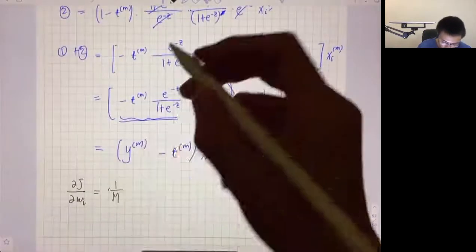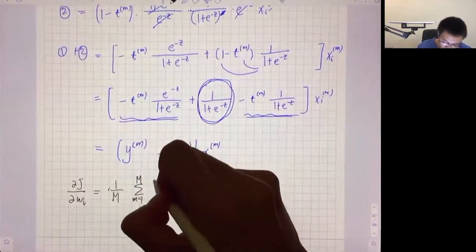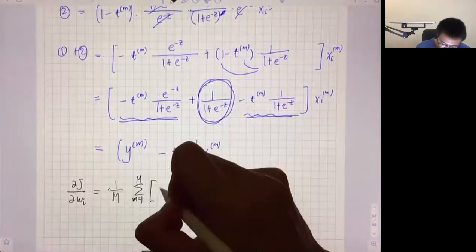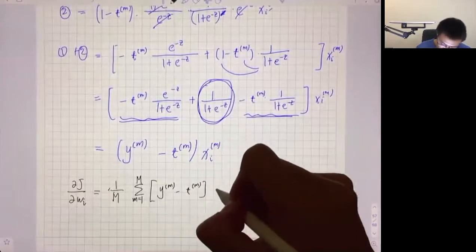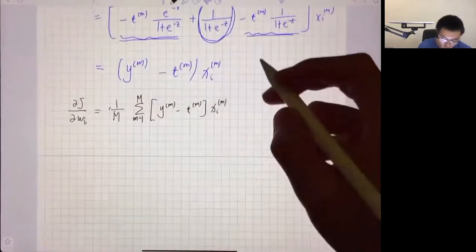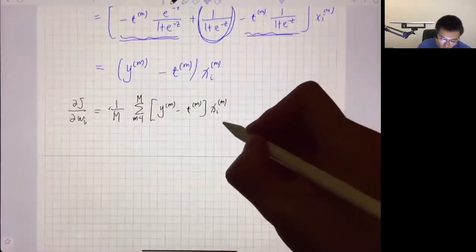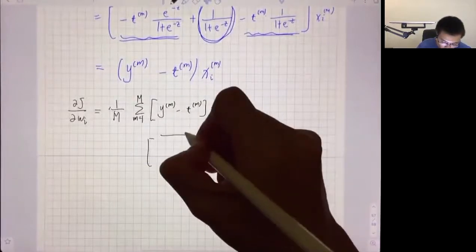And the constant is not important. Sum over m equals 1 up to m, ym minus tm, xim. And by matrix vector notation, we know that it's a summation over some m's, okay?